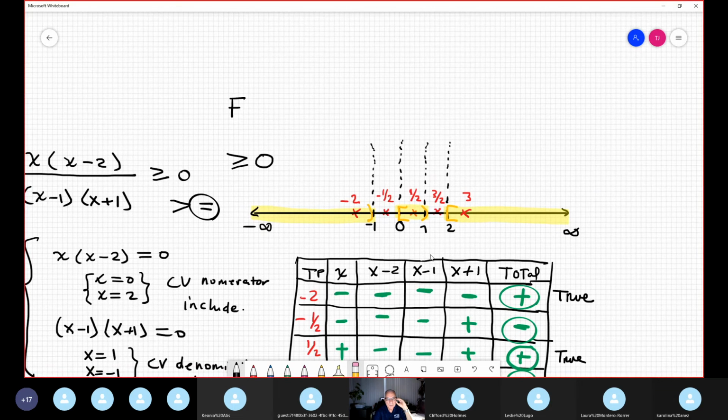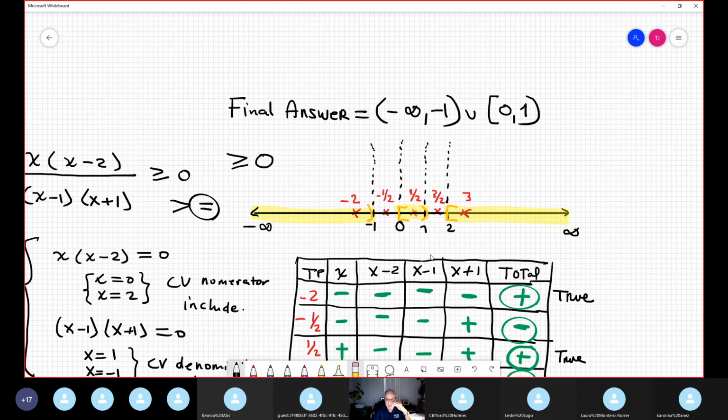Final answer. Okay, it is from negative infinity to negative 1, parenthesis, not bracket, union, bracket, 0, 1, parenthesis, union, bracket, 2, 3. End of the story. This is my final answer.